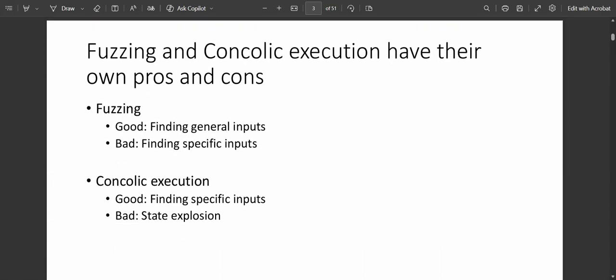Both fuzzing and concurrent execution have their own positives and negatives. Fuzzing is good for finding general inputs and it is bad for finding a specific input. Concurrent execution is good at finding specific inputs, but it is bad at handling state explosion.